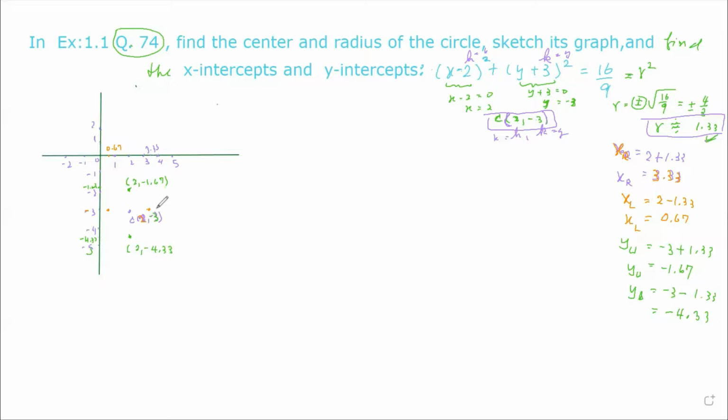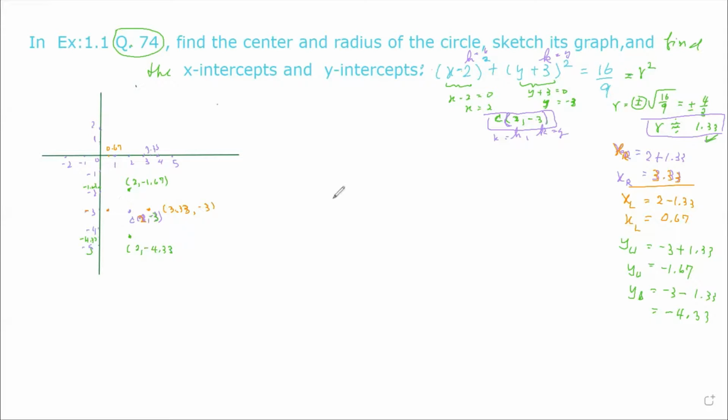Now I can label. I want to label this point: X to the right-hand side is this one. I label it: X to the right-hand side is at 3.33, and Y equal to negative 3.